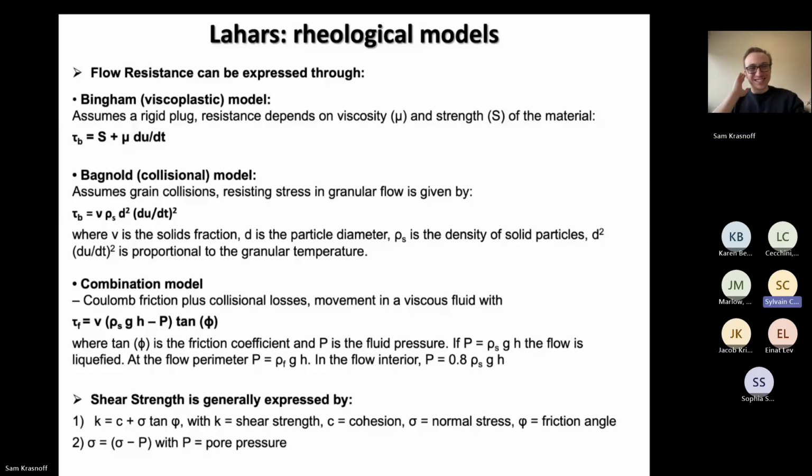No, it was just a slide to show you how complex we can go into the rheology of these flows, and the problem is that because they're so complex, there are many different approaches that can be taken. Whether you want to focus more on the shear stress and the yield strain using viscoplastic models, or whether you want to focus more on the particles, like collision or fusion forces, and then you can have a combination of these.